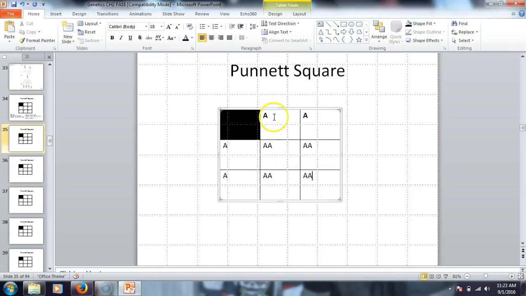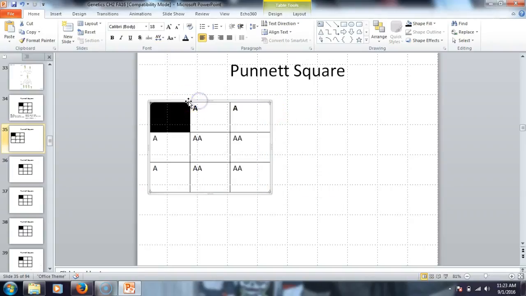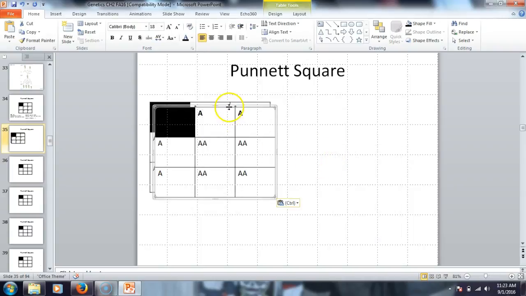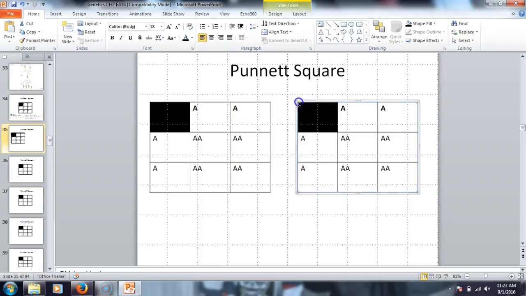Because our other possibility for those phenotypes, because that's all we know is phenotype, right, could be this.